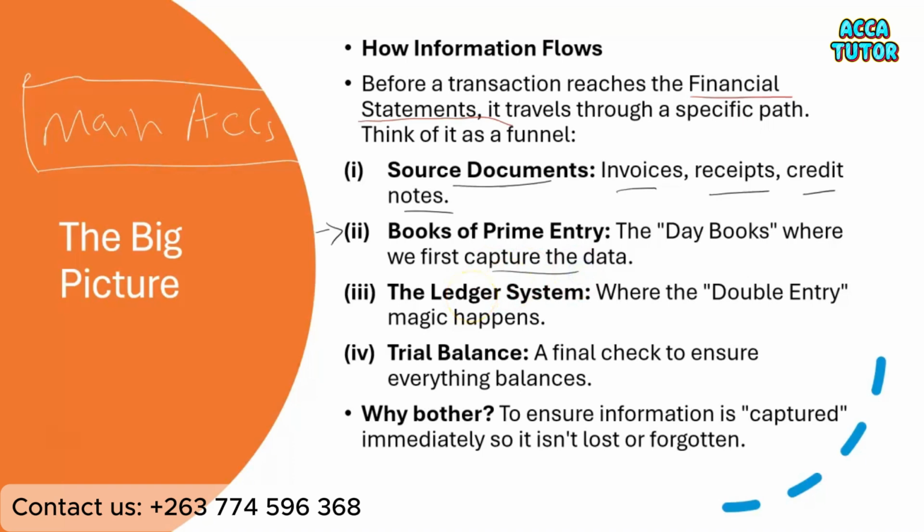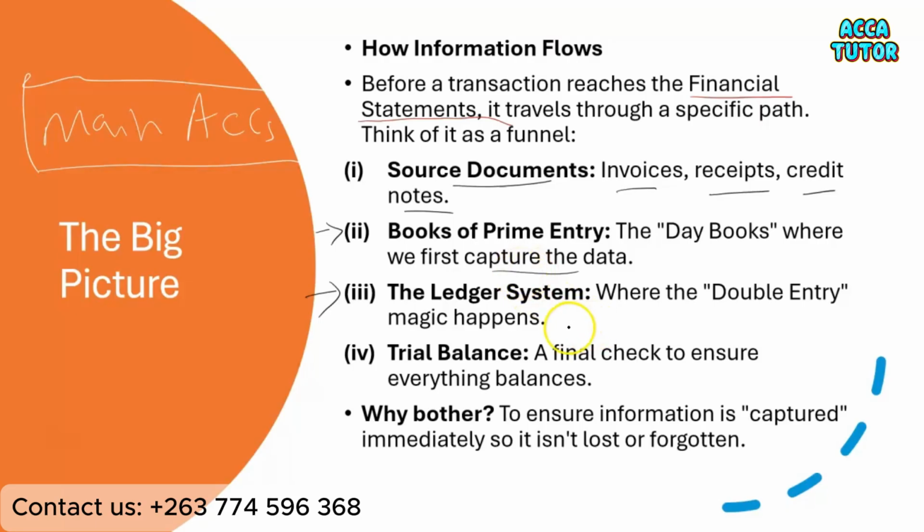Let's say we receive an invoice from a supplier. We capture it in the purchases day book, for example, as the book of prime entry. Then the transaction is referred to the ledger system, where the double entry magic happens.